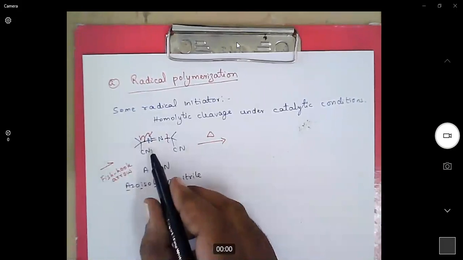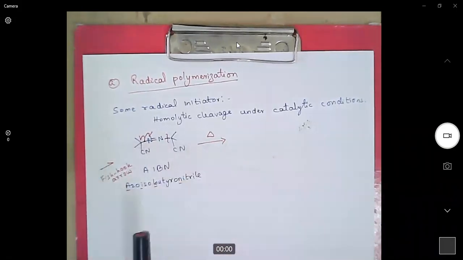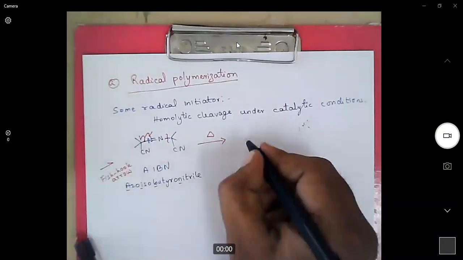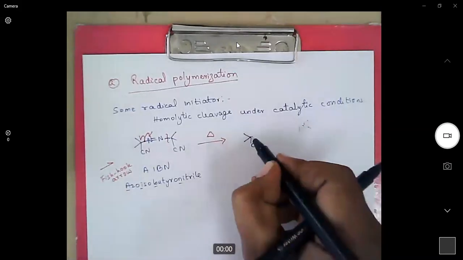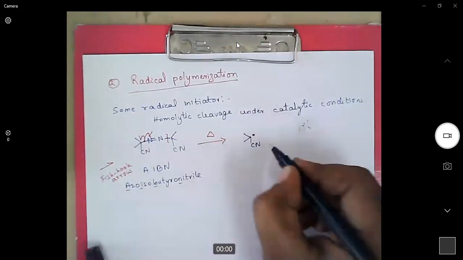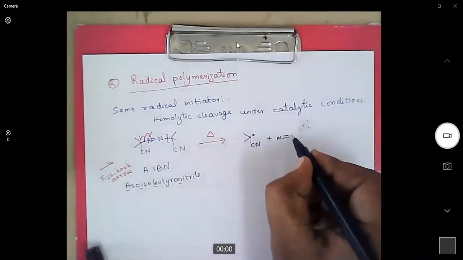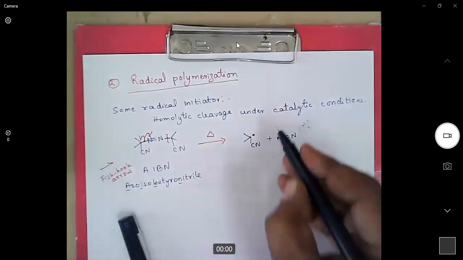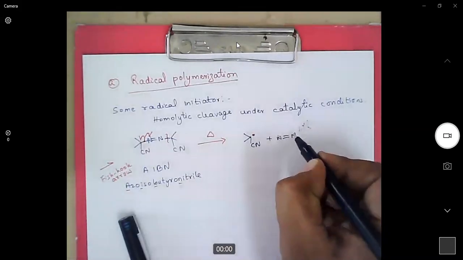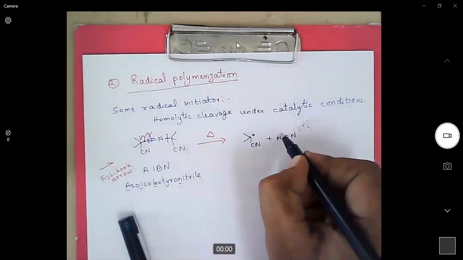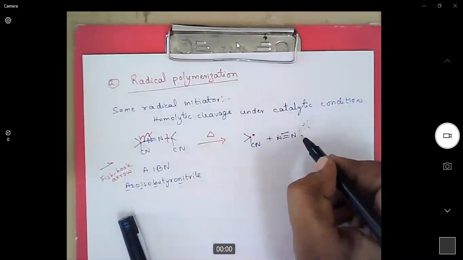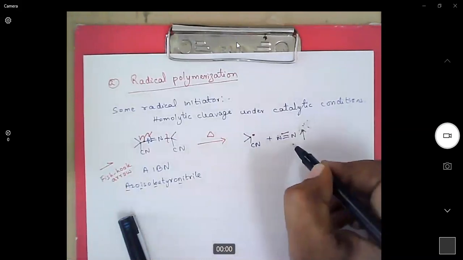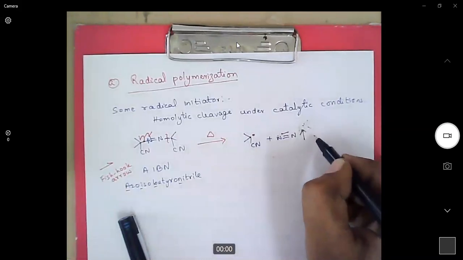Here there is a polarization of only a single electron, that is why we use a half arrow. Now, one electron on this nitrogen and another electron on the other nitrogen will combine to generate the third bond between nitrogen and nitrogen. So this is an N2 molecule, which is a gas.